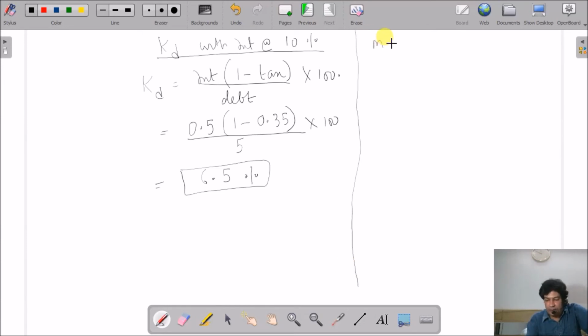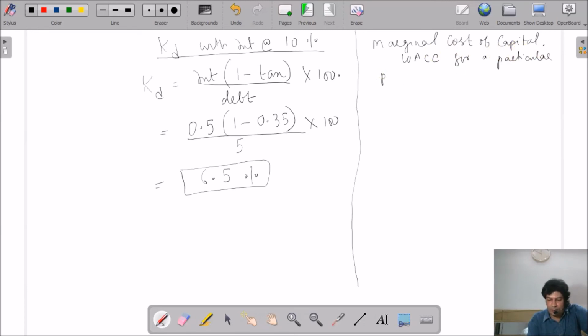Now we are going to find the marginal cost of capital which is related to that specific project. So we are going to find the marginal cost of capital, which is nothing but weighted average cost of capital for a particular or specific project.